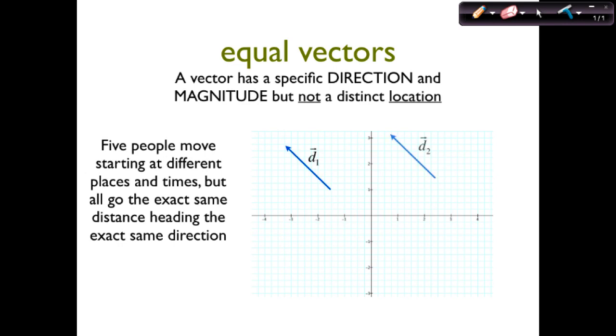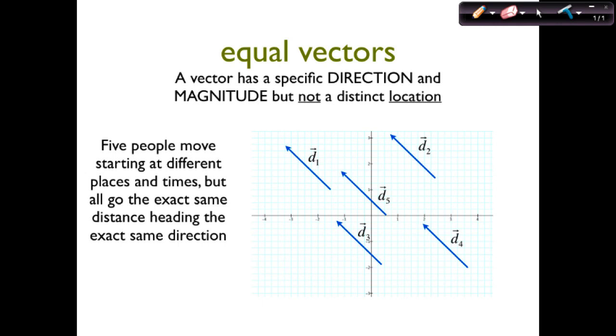So that might look like this. My displacement vector 1 is over here in the 3rd quadrant. My displacement vector 2 is up here in the 1st quadrant, etc. So are they the same vector or different vectors? It's the same vector.